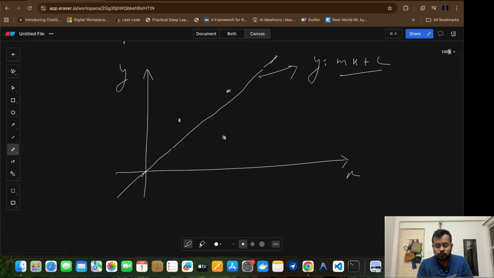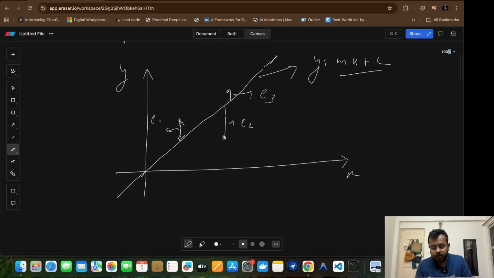We will try to find the error with respect to the existing data points. This is what a machine learning model also does: it assumes a random line which goes through the data, and then it computes the errors from the existing data points. Let's say this is E1, this is E2, this is E3.